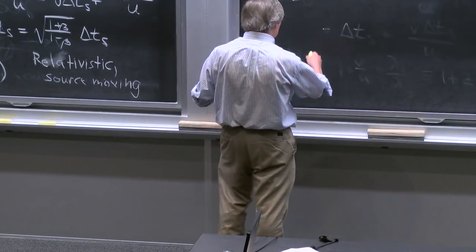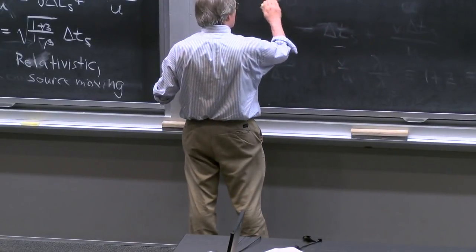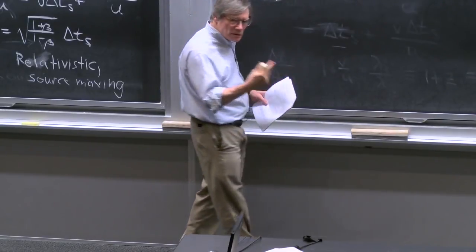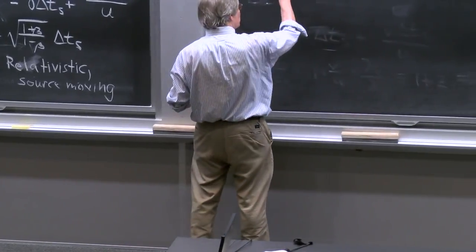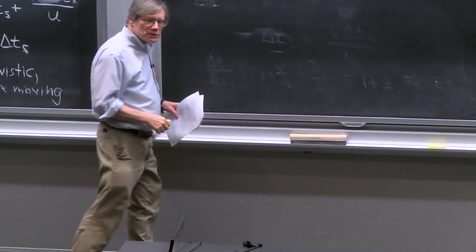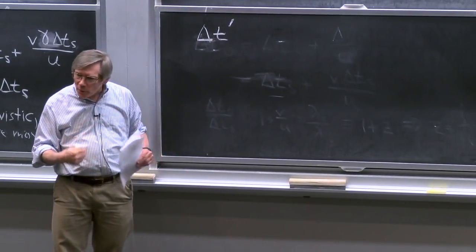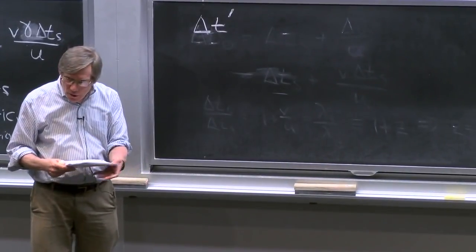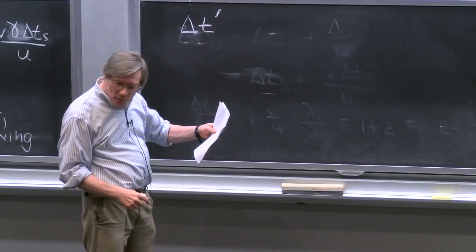And the key equation is that the time interval between the receipt of the two wave crests, as we would measure it, which is what I call delta t prime. So prime is not the source or the observer, it's us. It's the same frame of reference as the source, but the source isn't located there. So we think of it as the time interval as measured in the frame of reference. That's the frame of the slide, which is our frame.